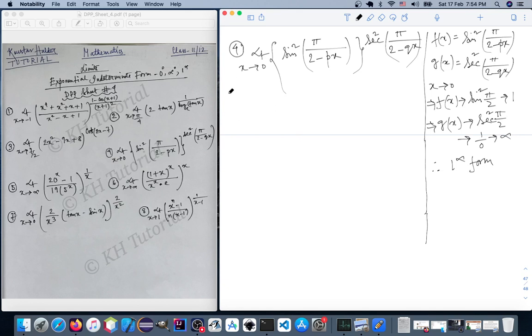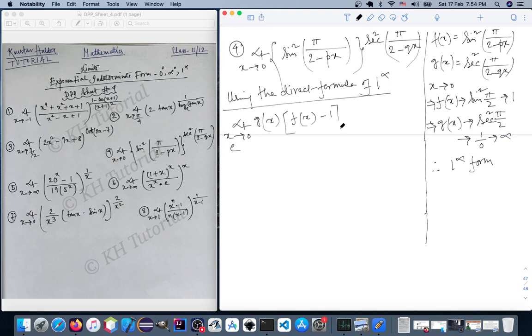So using the direct formula of 1 to the power infinity, we get the answer as e to the power limit x tends to 0 of gx into fx minus 1.